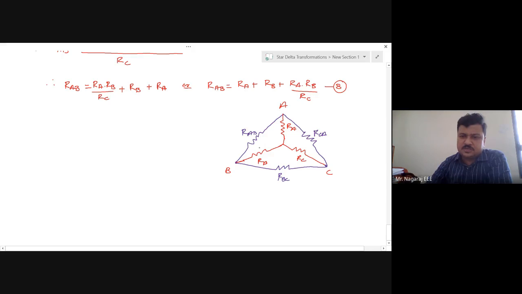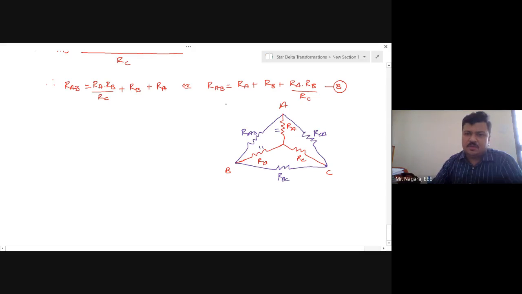So whichever resistors are facing this delta connected equivalent value, it is the sum of these two resistors plus the product of these two resistors divided by the third resistor. RAB is equal to RA plus RB plus RA into RB divided by RC. First resistor plus second resistor plus product of first and second resistor divided by third resistor.